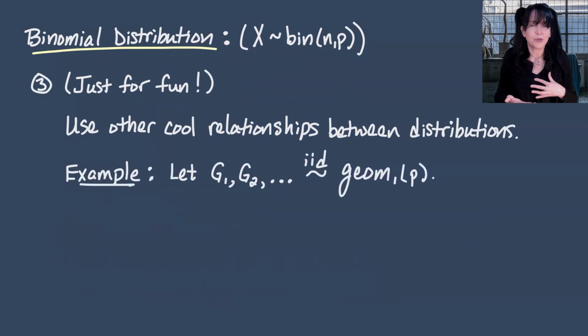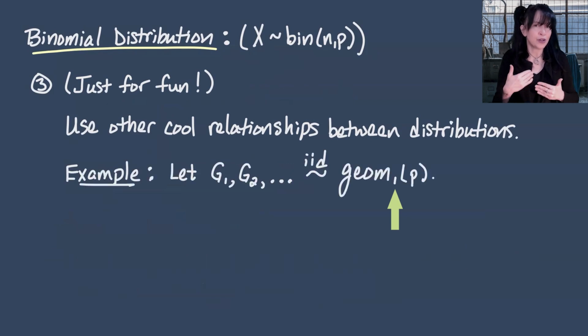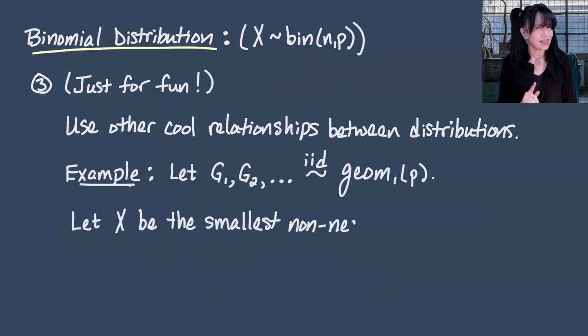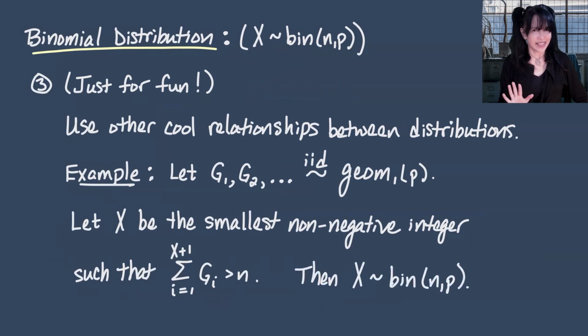You'll never see a subscript like this. This is my personal notation to distinguish whether or not I'm starting from 1 or starting from 0. But if you let x be the smallest non-negative integer such that the sum as i goes from 1 to capital X plus 1 of the g sub i is greater than n, then I claim that x has a binomial distribution. I don't think this saves you anything in simulation. I just thought it was kind of cool, so I thought I'd mention it.